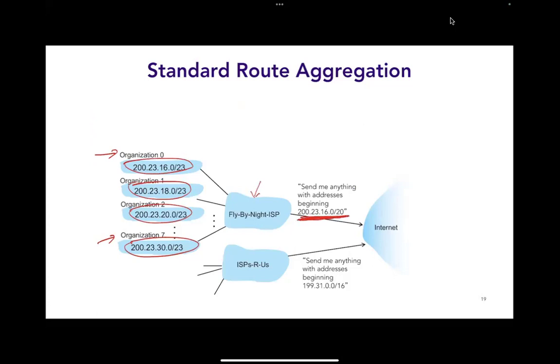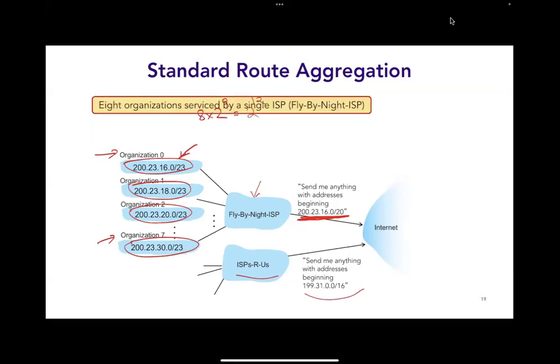See, this /20 represents 2 to the power 12 IP addresses. Each of these /23 represents 2 to the power 9 IP addresses. And 8 organizations times 2 to the power 9 IP addresses will give you 2 to the power 12 IP addresses, which is announced by this Fly-By-Night ISP into the internet. There is another ISP, ISPs-R-Us, which is announcing a prefix for some other organizations that we are not worried about for now.